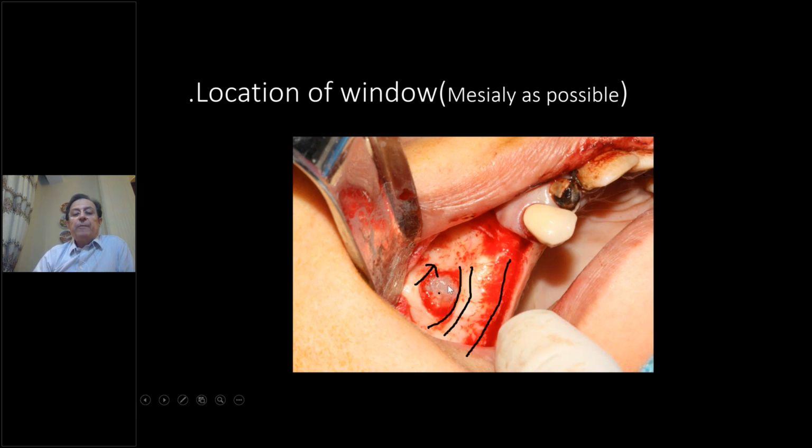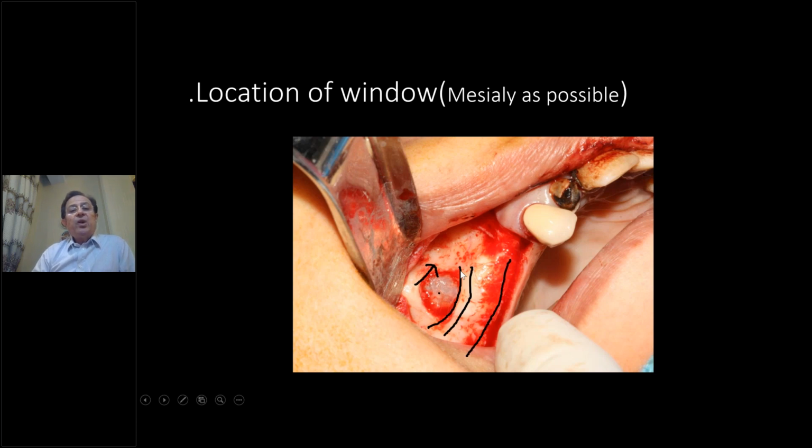If we prepare the window superiorly, then we must come back through the sinus for lifting from here, and it will increase the chance of perforation. So that is the location of the window in relation to the sinus floor and the anteroposterior position.